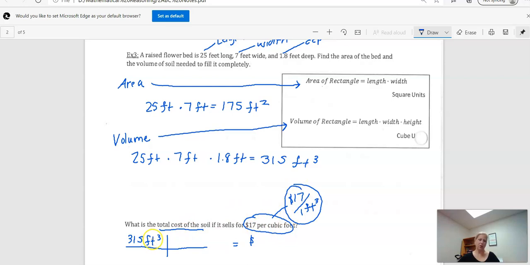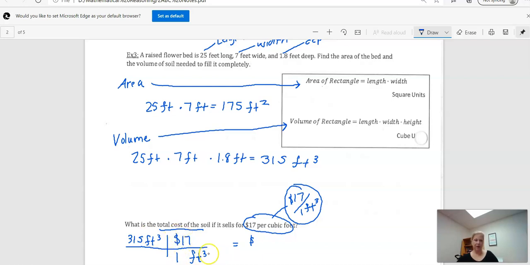If feet cubed is something we want to get rid of, and it's on the top, we really want it to be feet cubed on the bottom. Whatever our fraction is has feet cubed on the bottom, so that this feet cubed will cancel out with this feet cubed. Okay, so I'm going to put my 1 here.